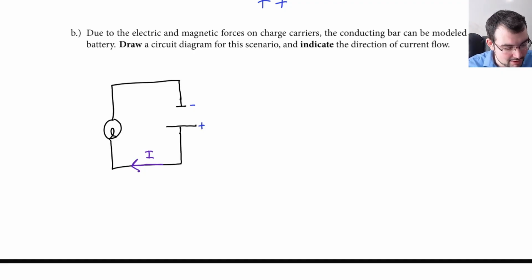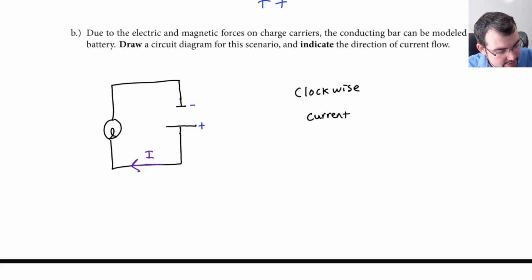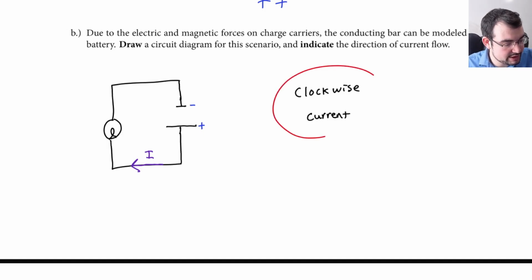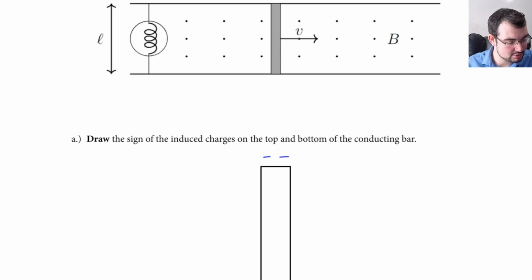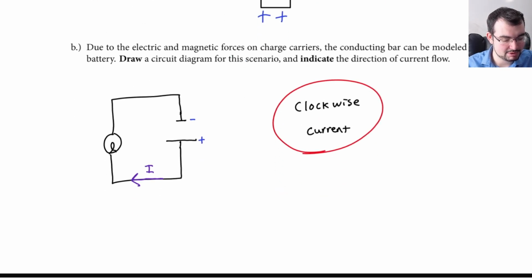So we get a clockwise current. Just by moving this bar in this magnetic field, due to the Hall effect, we actually get current. So this is creating current without a battery, which we've needed in all of these cases. We've needed some sort of battery to supply a potential difference in our circuit.